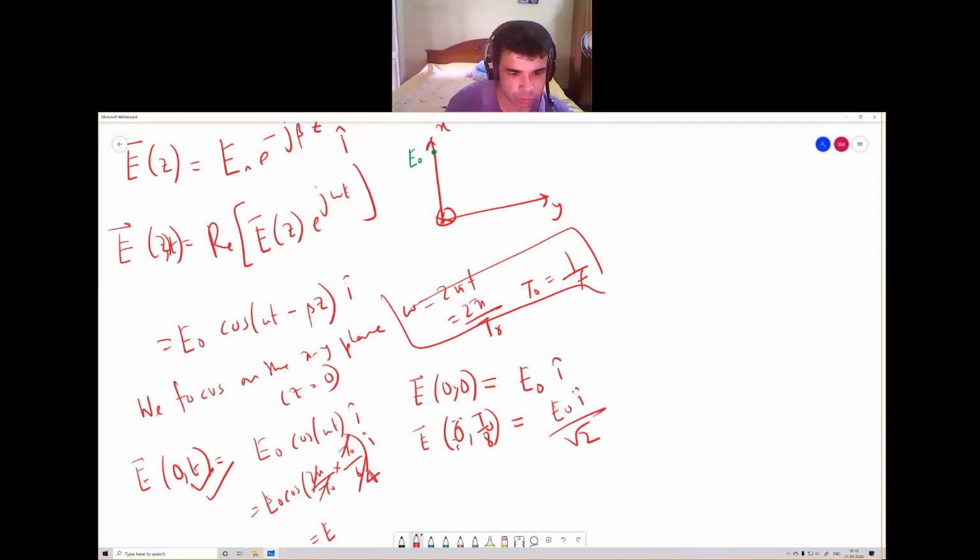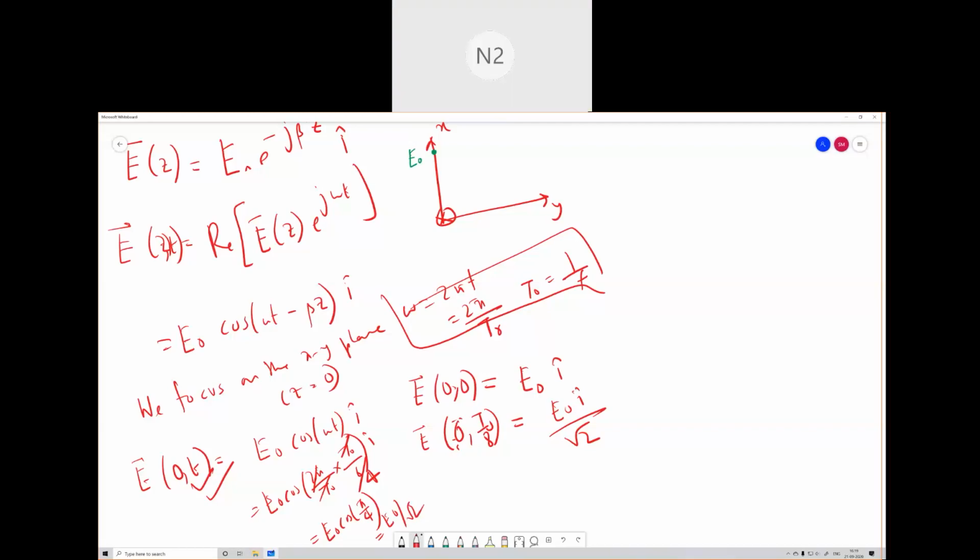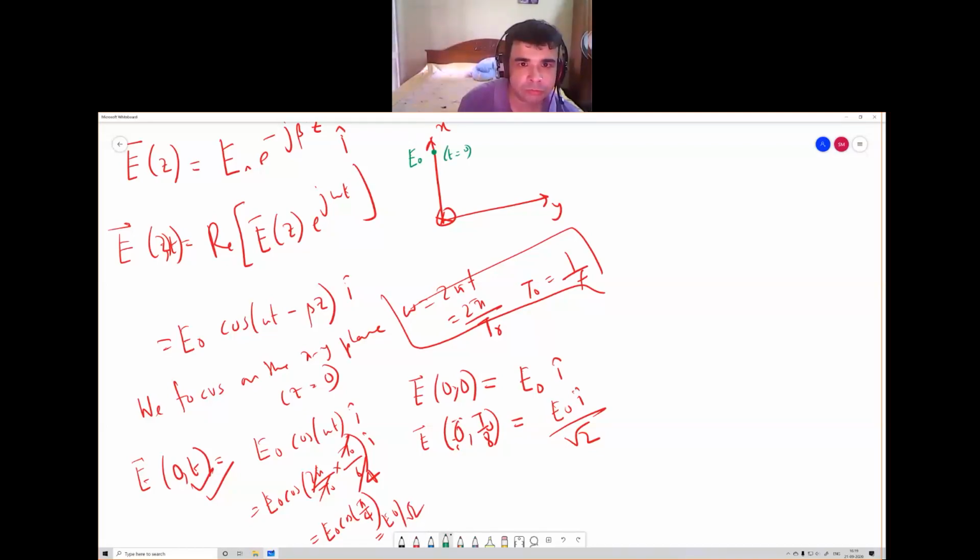So E naught cos of pi by 4, and cos of pi by 4 is 1 by root 2. That is what I have written. Is it okay? Yes, sir. So this was at t equal to 0, and this was at t equal to t naught by 8, which is E naught by root 2.